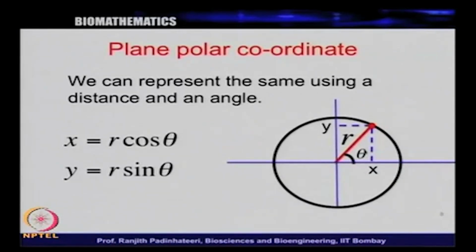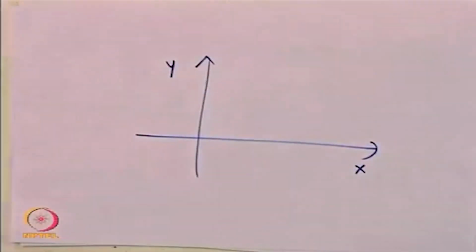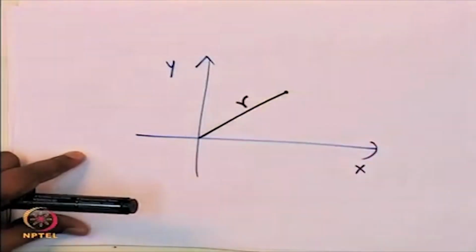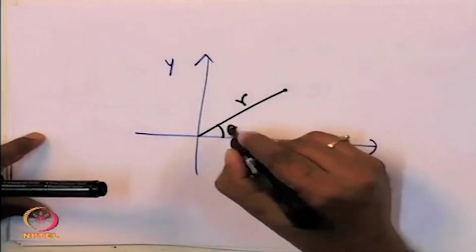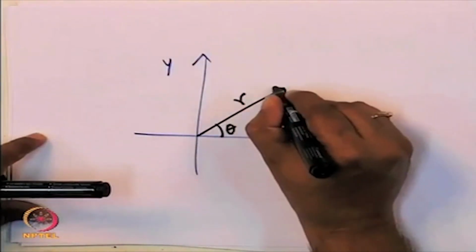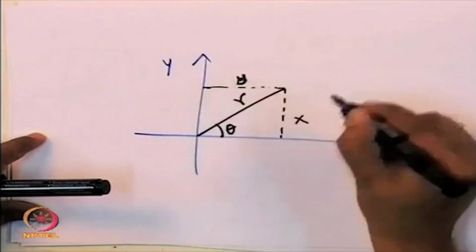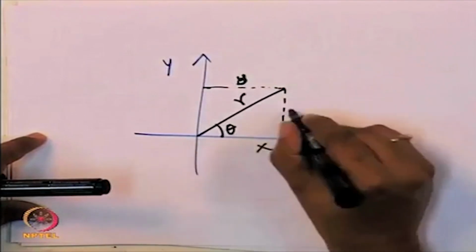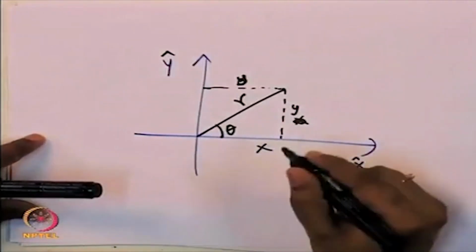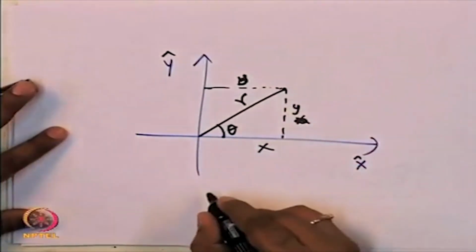Let us draw this again: x and y axis, and you have a vector r, a distance r, and this is theta, and this is your x distance, and this is your y distance.